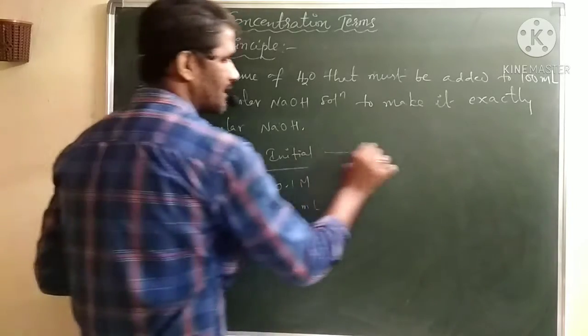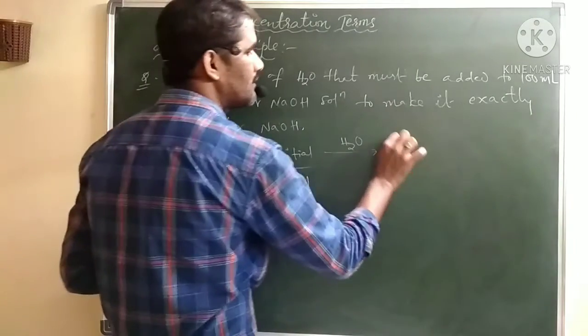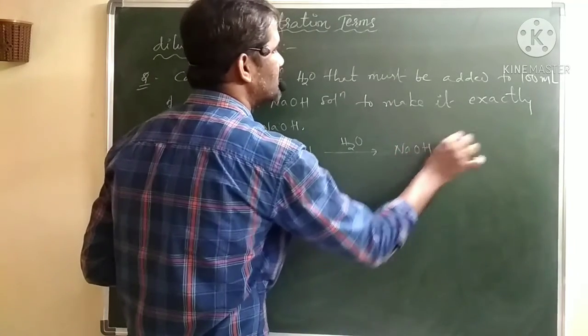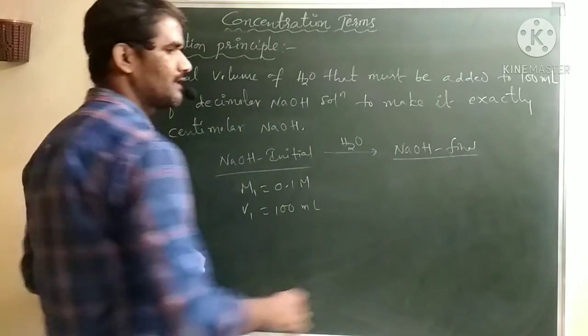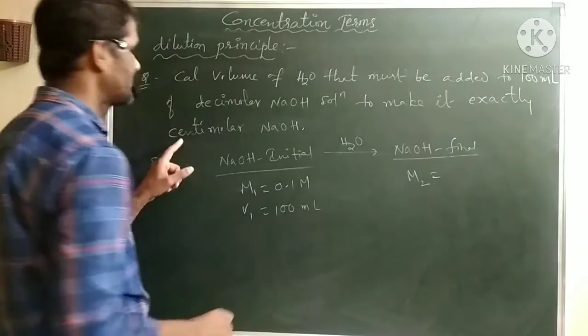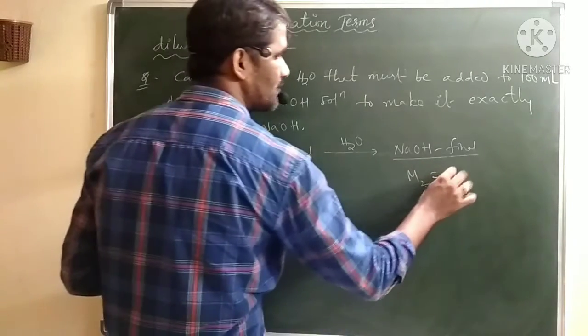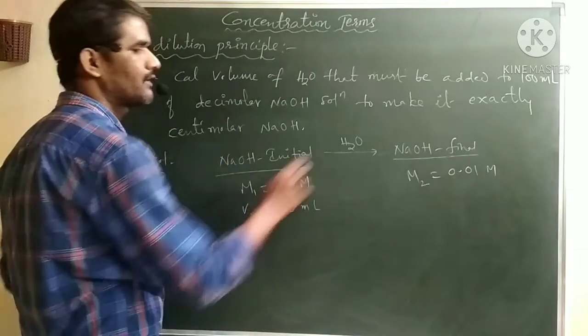Now this is converting by adding some water. Then you will get final NaOH. What is the final NaOH? The molarity of the final NaOH is given as centimolar. Centimolar means 0.01 molar. So 0.1 to 0.01.